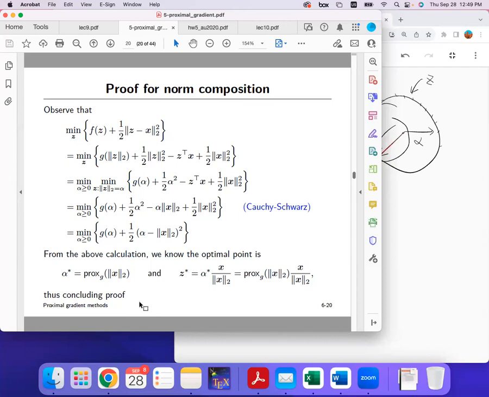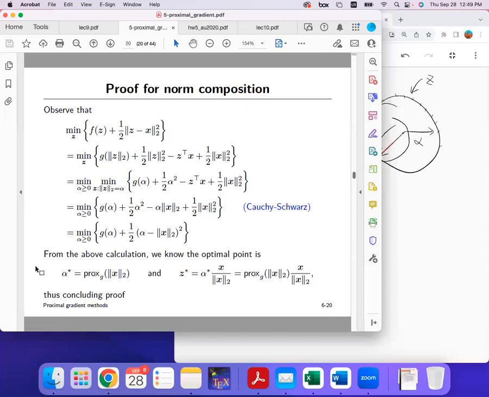This alpha star is the L2 norm of Z. So through this process, we have shown that for the inner minimization problem, the L2 norm of Z is fixed to be alpha, and moreover, the solution is when Z aligns with X, right?